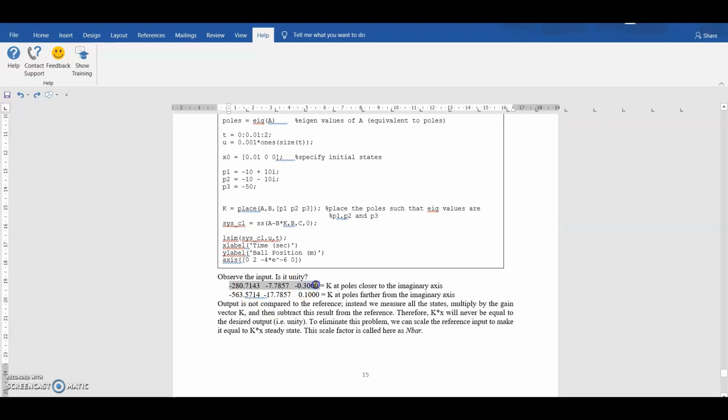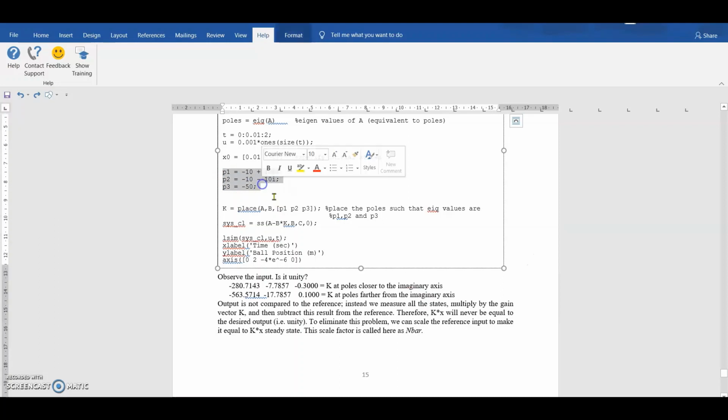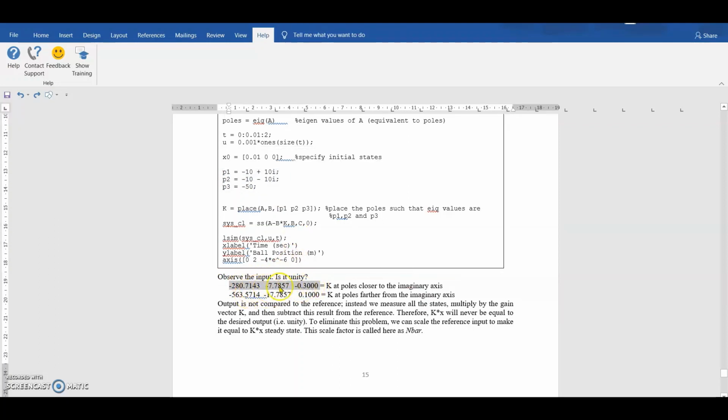Now these are the values of k at poles when we were closer to the imaginary axis. For these poles, the k matrix is coming out to be these three elements. But when we change the poles to minus 30 plus minus 10i, then k is coming out to be this.